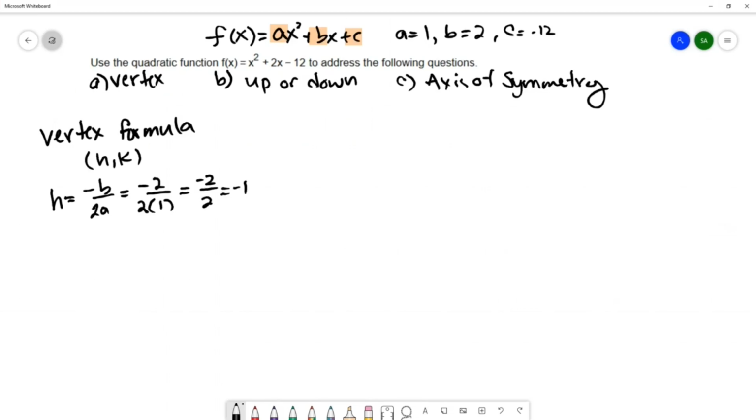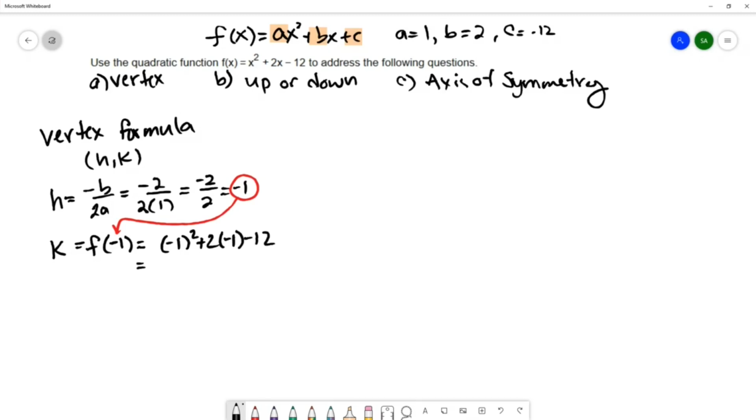And then we're going to find the y part of our vertex, k, by substituting into our function. So we're going to take that negative 1 and substitute it into the function to get the y part. So that's f of negative 1 is negative 1 squared plus 2 times negative 1 minus 12.